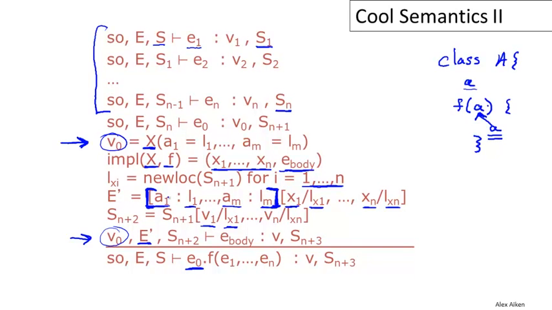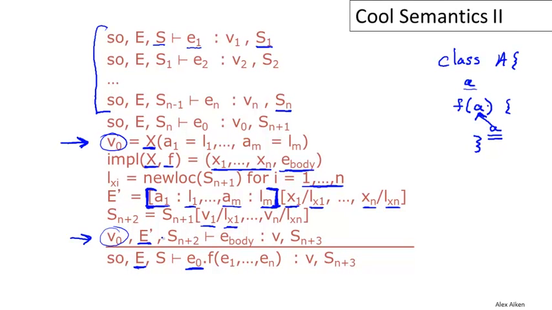And once again, notice that this is a complete change of context. The environment e prime has nothing to do with the environment e. E prime is built completely from scratch using only information about the method we're calling. It doesn't borrow anything from the environment where the method was called from.